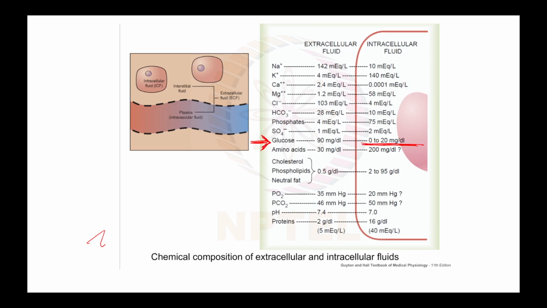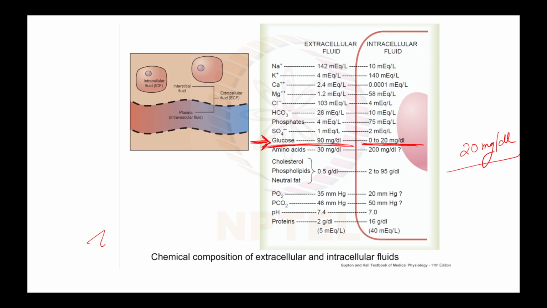So the minimum concentration of glucose should be maintained at 20 mg per deciliter. If that glucose concentration goes below 20 mg, that is a problematic situation, and that can be sensed by the sensor organs. Similarly, in the extracellular fluid, the glucose concentration is maintained at 90 mg per 100 ml of the blood.